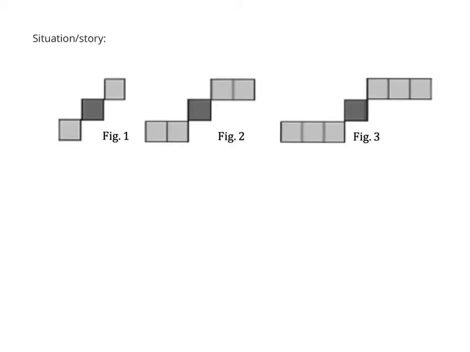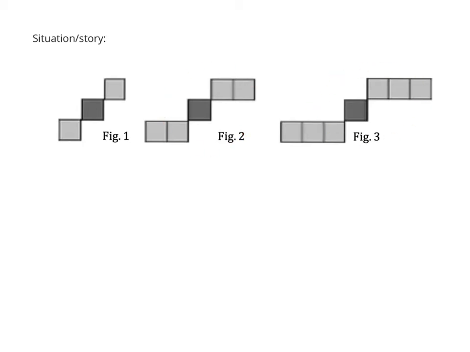Okay, here we are. In this particular situation, we have a tile pattern. We've seen some of these before, dealing with toothpicks or various shapes. And each of these tile patterns is labeled. So for example, this first one's figure 1, the next one's figure 2, the next one's figure 3.